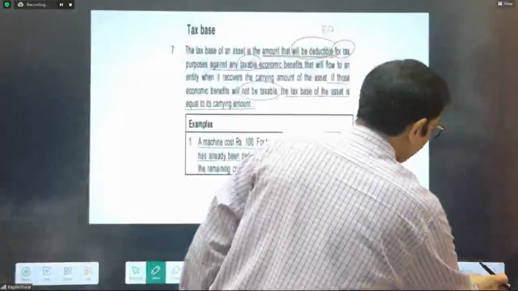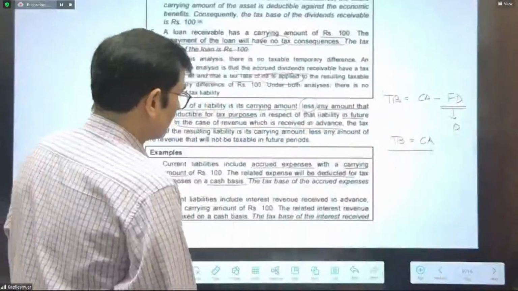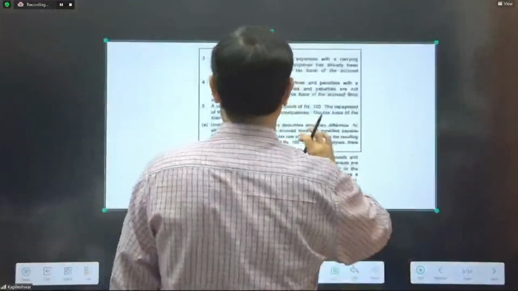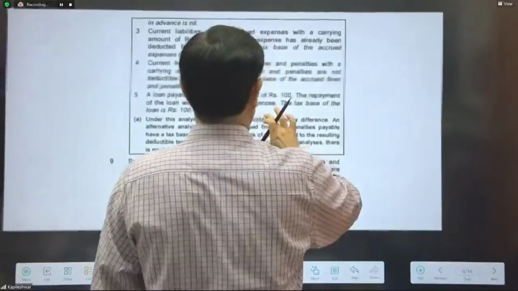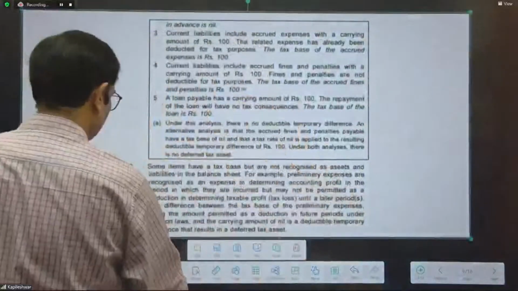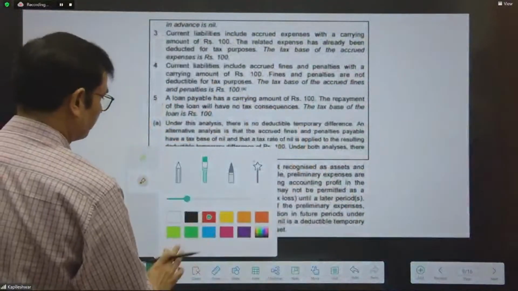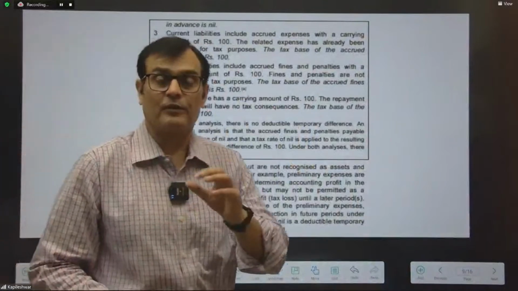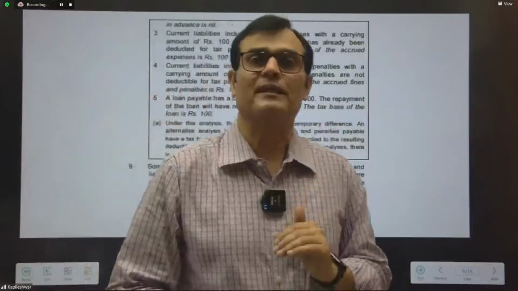Okay, so this is one example. Let me just go back. Let's have a look at another example, not the second one of this stage, that is applicable to the second definition. I'm just going to come to another three examples which are given in the standard. Let's have a look at the other three examples. Now, wonderful. Just have a look at these examples. You see the chain very clear.